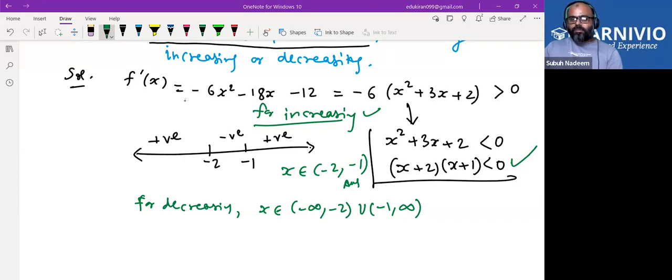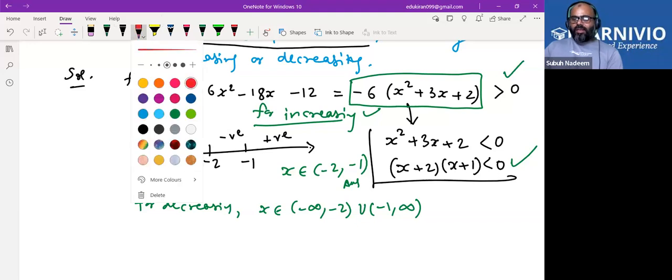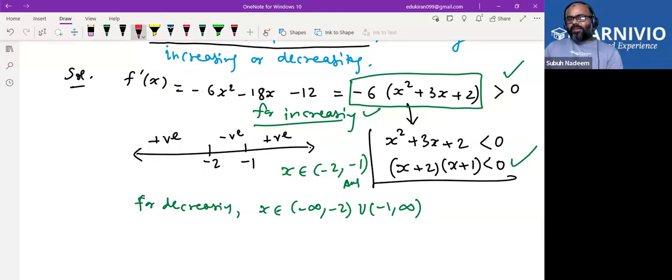Can you repeat how? Yes. We have minus 6 times (x² + 3x + 2) positive for increasing. If it is positive, then this minus 6 will go to the right-hand side and it will become 0, but the inequality will reverse.